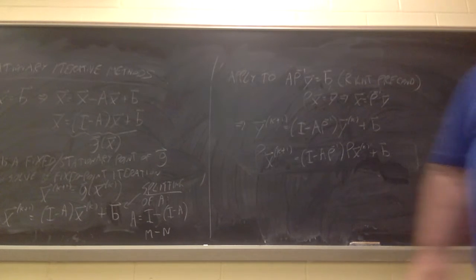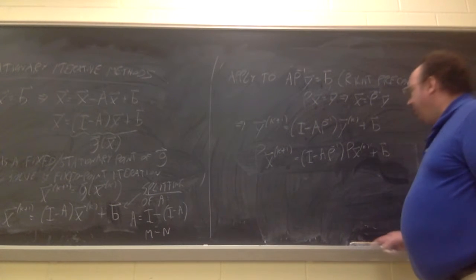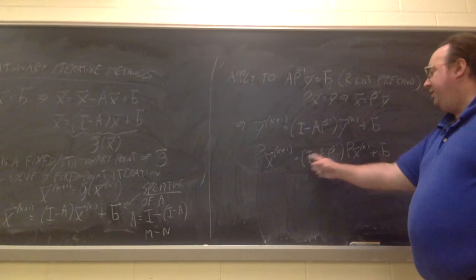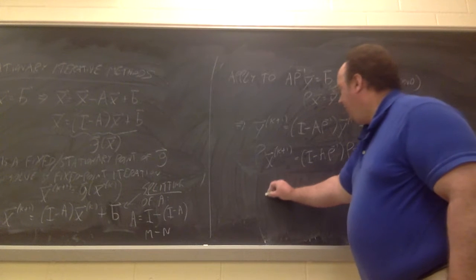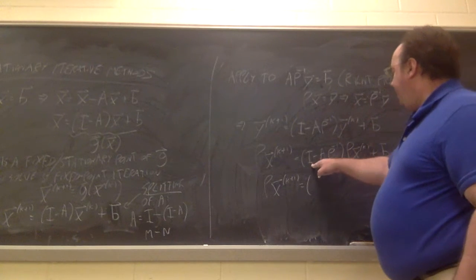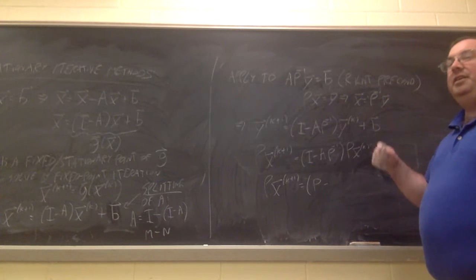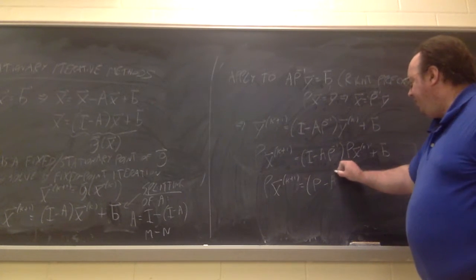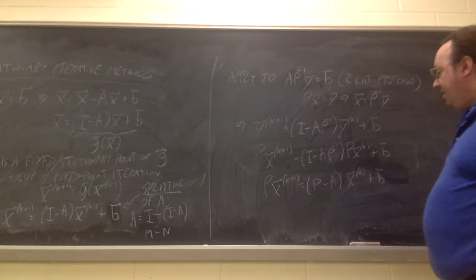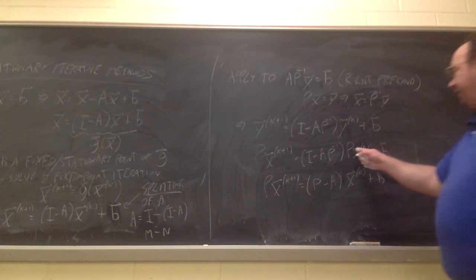Okay. Now, what I'm going to do is take this P right here and distribute it through what's in parentheses. So that's going to give me P minus A P inverse P. But the P inverse and P cancel. So I have (P - A) x_k + b. And you got that by distributing a P through here.